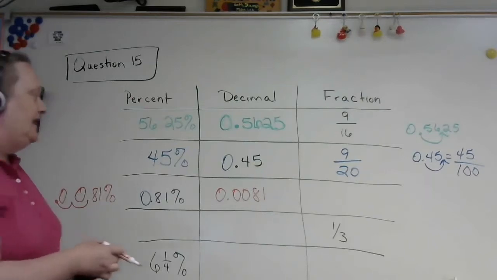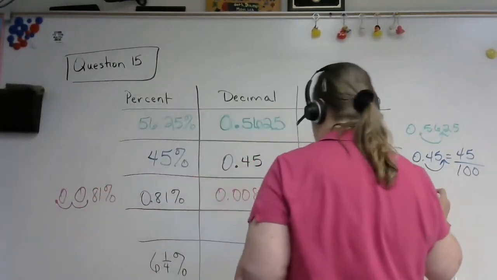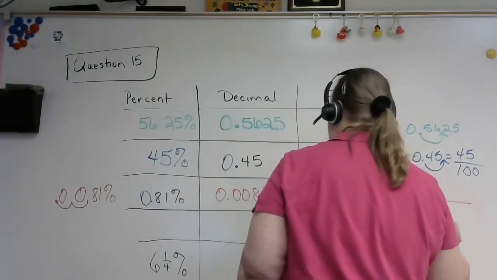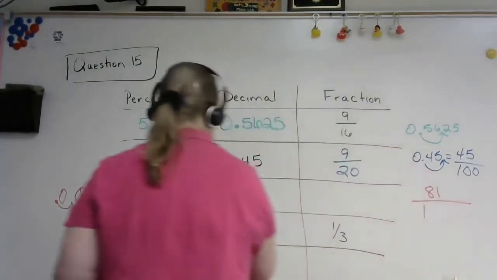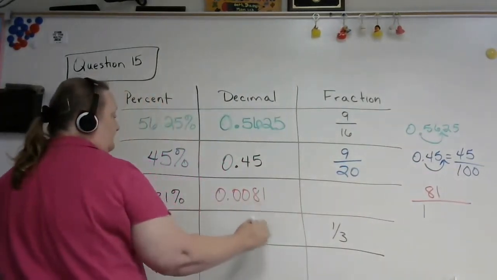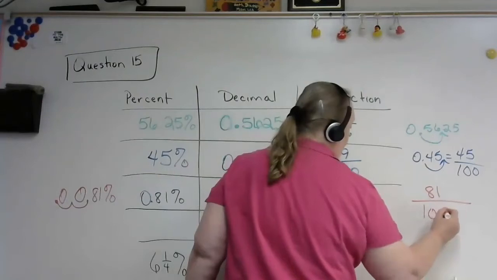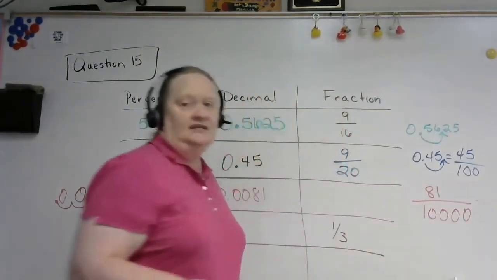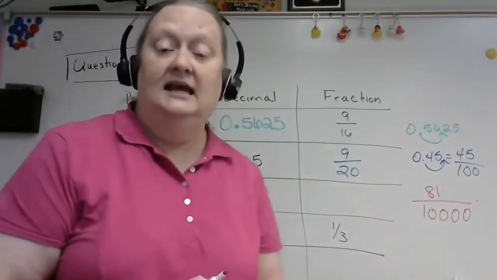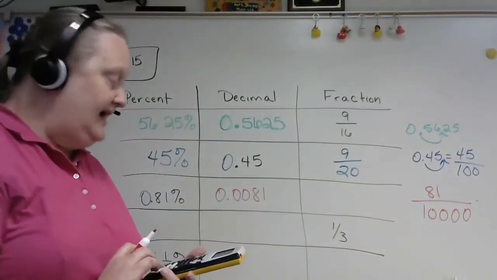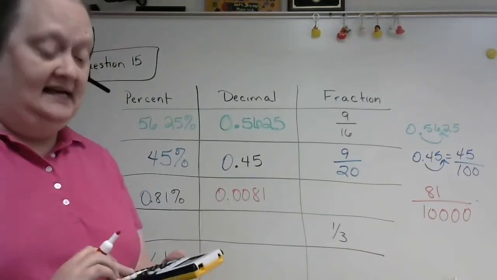And then to write that as a fraction, that would be the numbers 81 over a 1. And how many decimal places do we have? 1, 2, 3, 4. So that would be 1, 2, 3, 4. And then we need to see if that reduces, if 81, which is not prime, has any factors in common with 10,000.